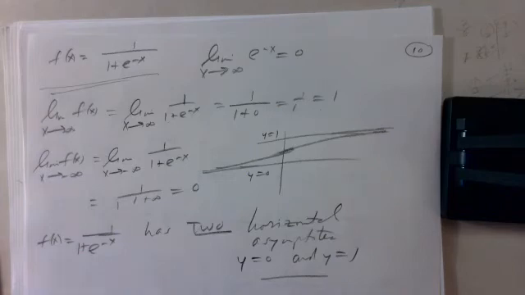It's easy to think that if a function has a horizontal asymptote, it's the same whether you go to plus infinity or minus infinity. But this is a pretty example of a function that has 2 different horizontal asymptotes. It has one limit as you go to plus infinity, and a different limit as you go to negative infinity.